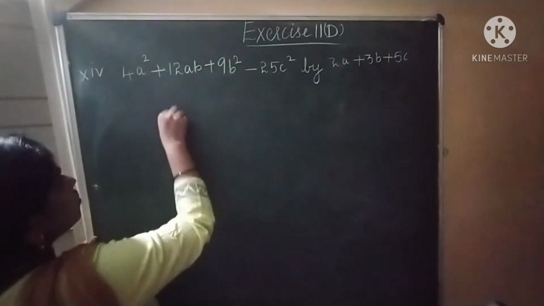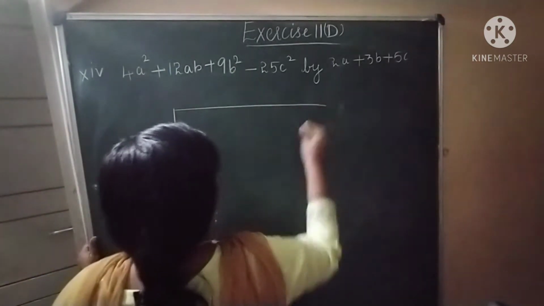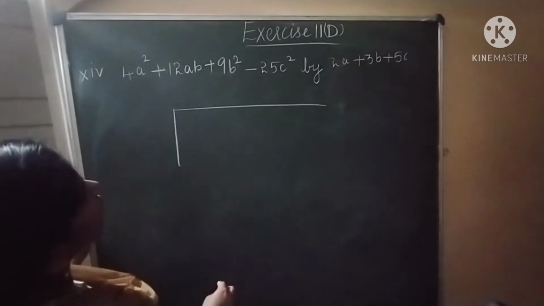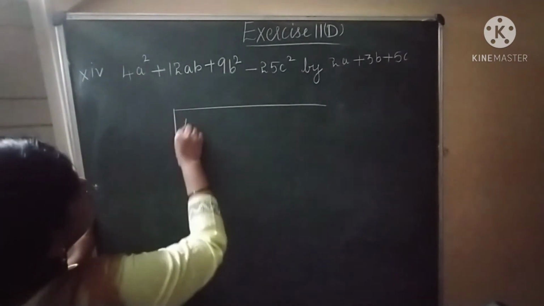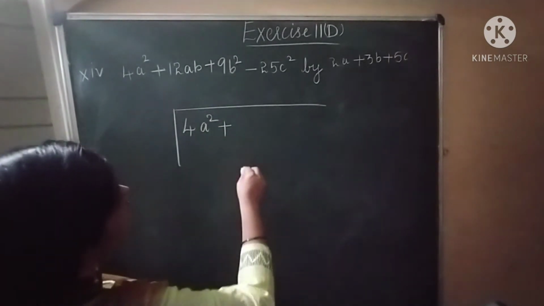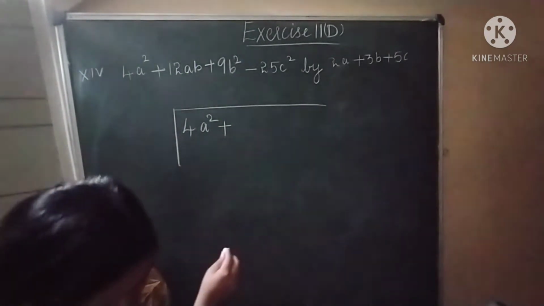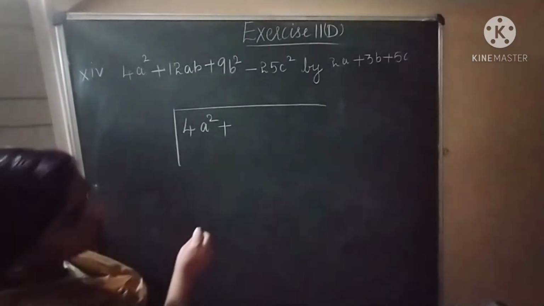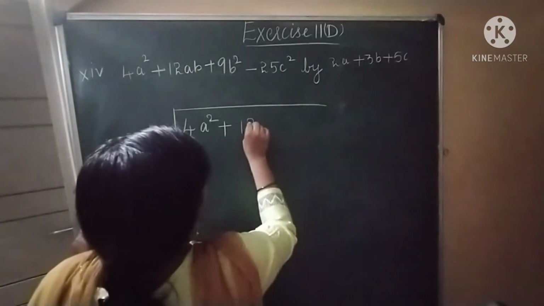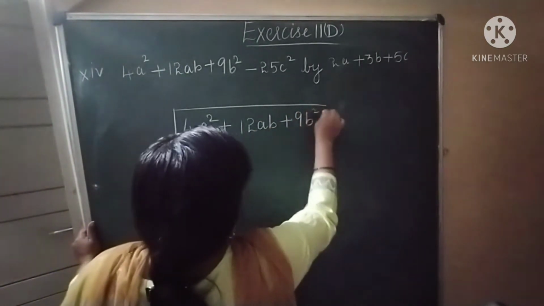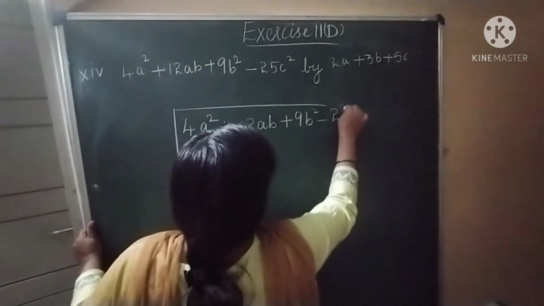So as told, the dividend we are writing within the line. So it is 4a square plus 12ab plus 9b square minus 25c square.